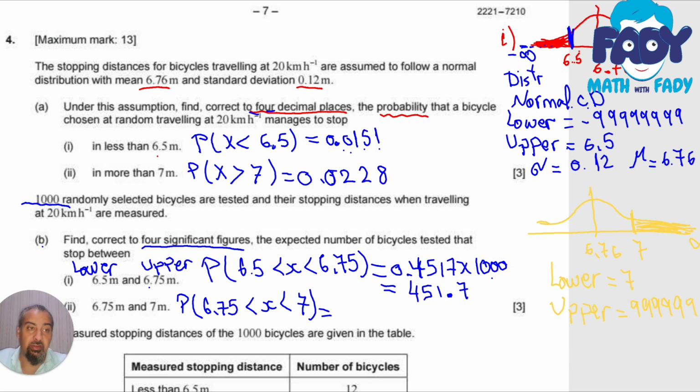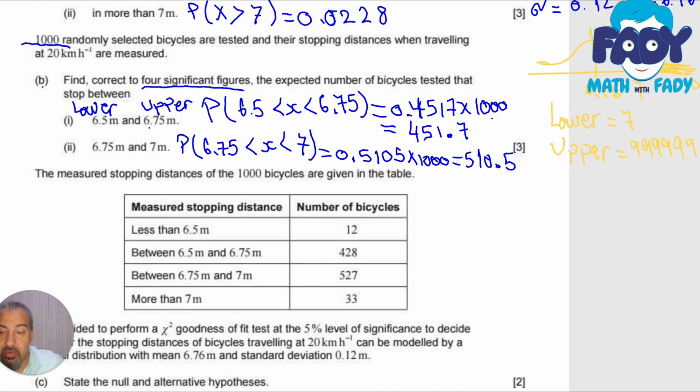We will get 0.5105 times 1,000, so 510.5. So this is the expected number of bicycles between 6.5 and 6.75. This is the expected number of bicycles between 6.75 and 7.